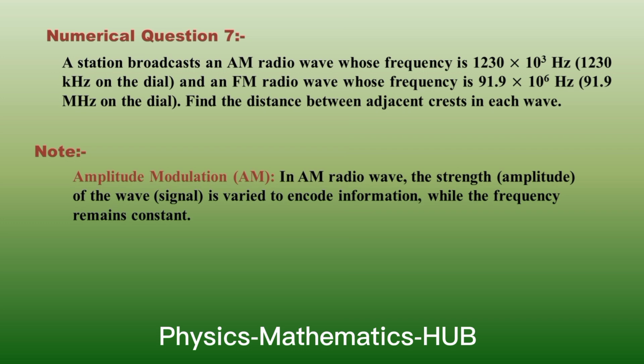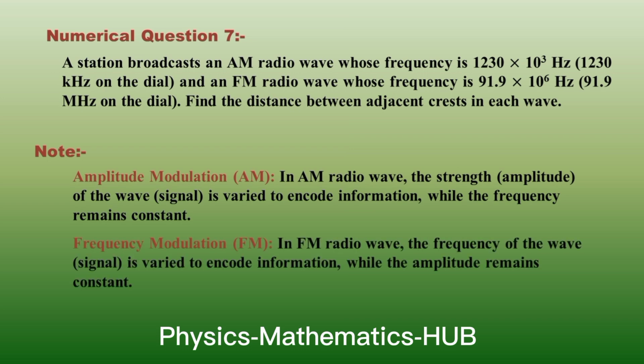In AM radio wave, the amplitude of the wave is varied to encode information while the frequency remains constant. FM stands for frequency modulation. In FM radio wave, the frequency of the wave is varied to encode information while the amplitude remains constant.